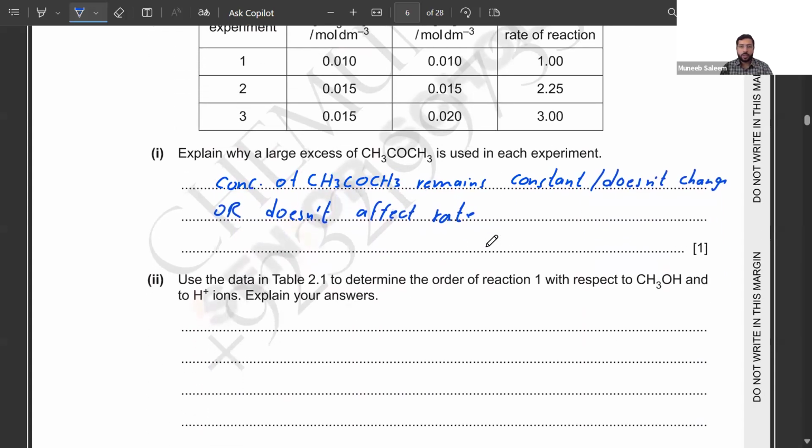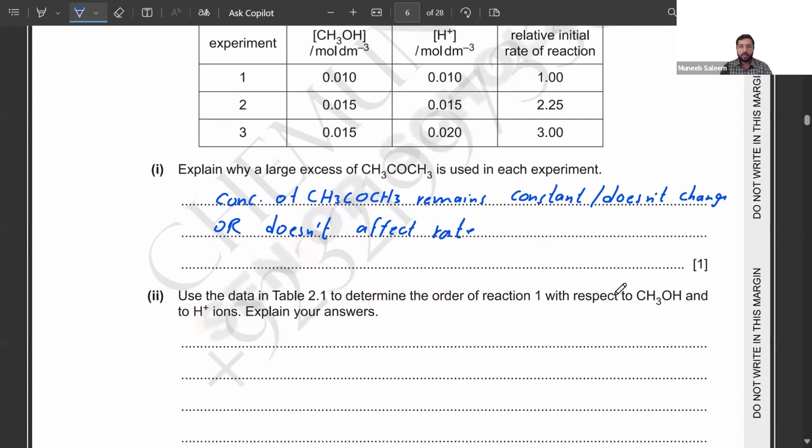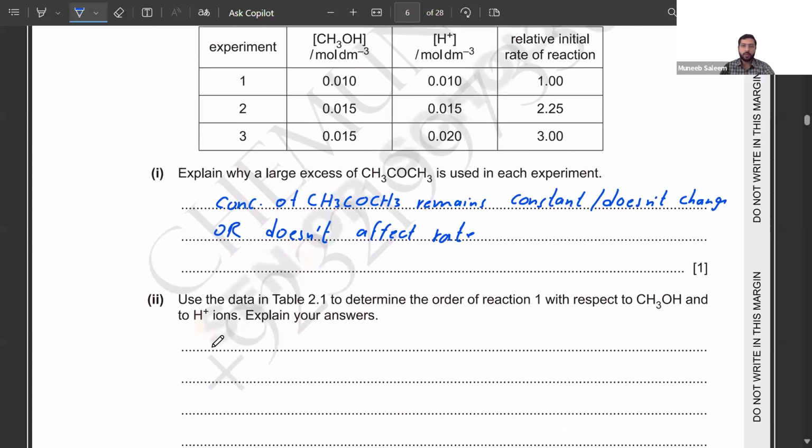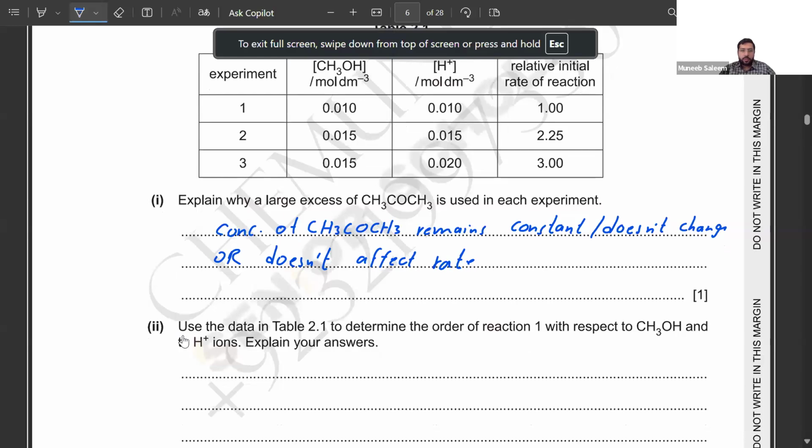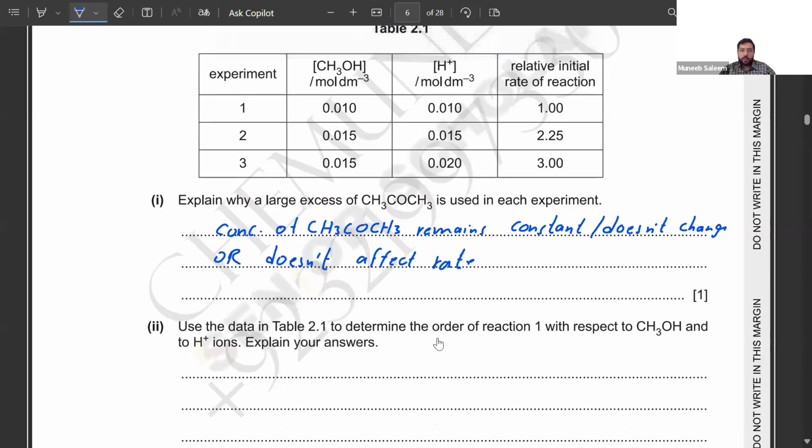Now, the second part is to use the data in table 2.1 to determine the order of reaction 1 with respect to methanol and hydrogen ions, and then you have to explain. So basically, we need to do some technical calculations here to find the right answer.